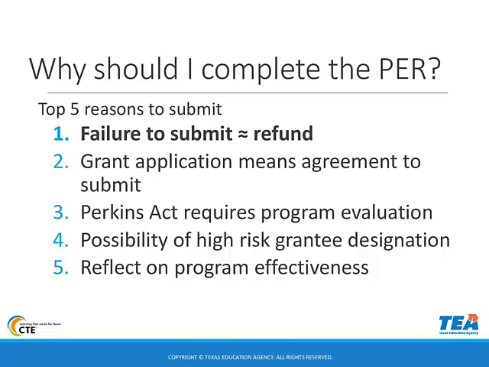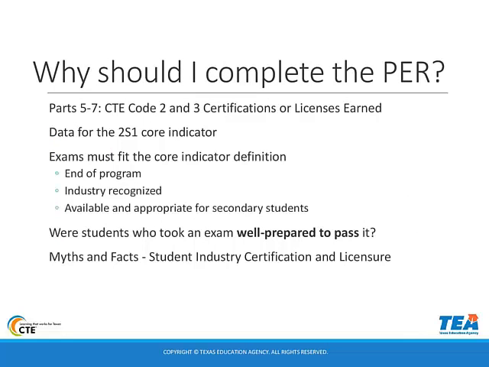Okay, and so moving right along, I want to talk for a minute about parts 5 through 7 and the CT Code 2 and 3 certifications and licensures earned. This is where we get the information for the core indicator that is what we call 2S1, or technical skill attainment.